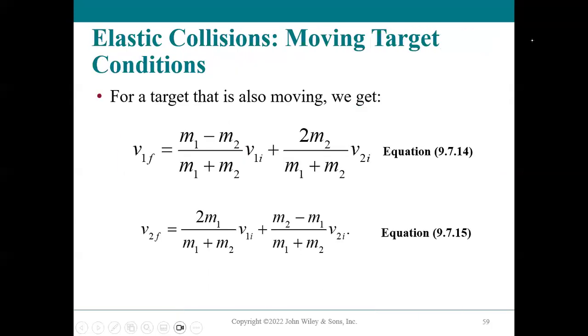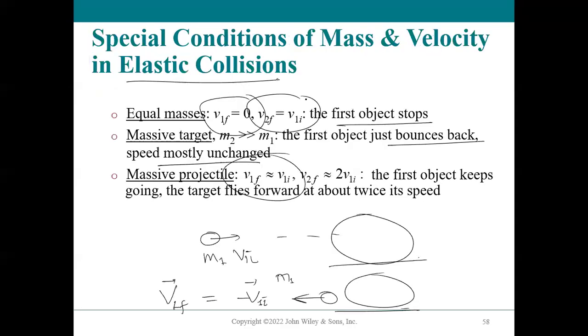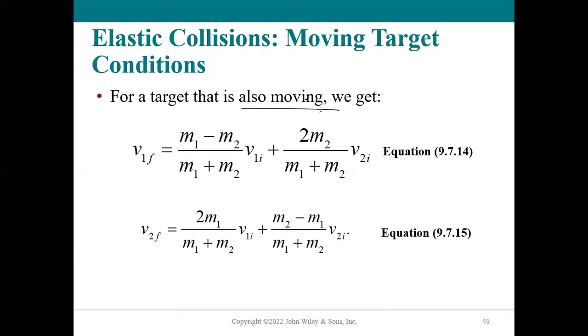Okay, this one is for the elastic collision with a moving target. For a target that is also moving, m1 v1i plus m2 v2i is equal to m1 v1 final plus m2 v2 final.